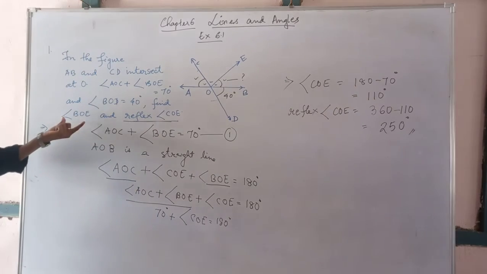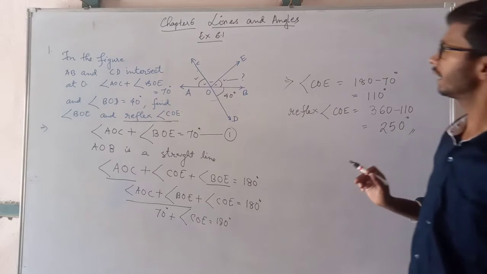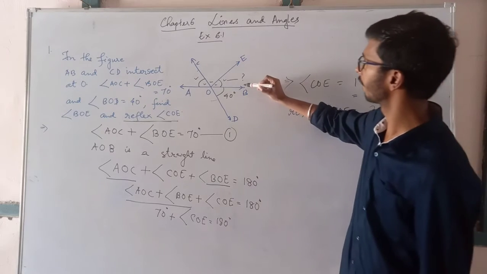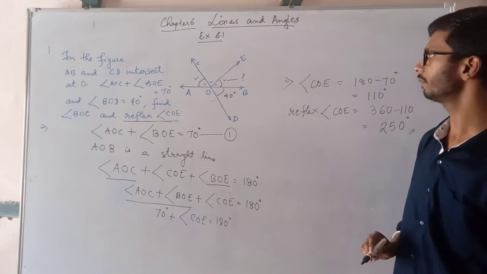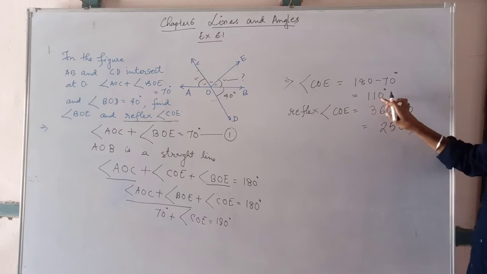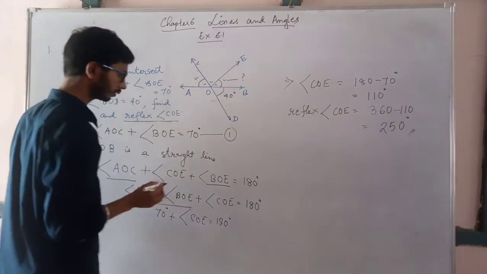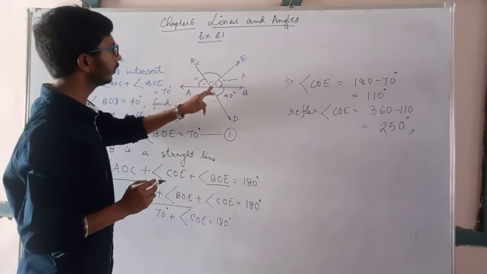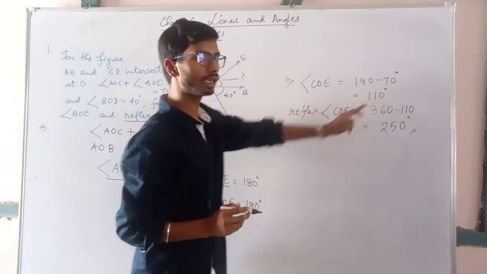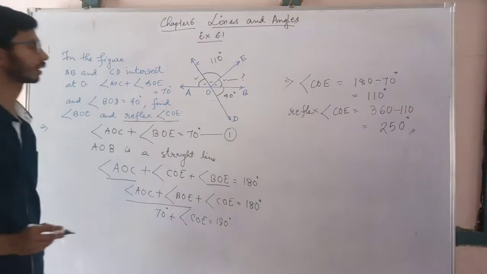Now what is angle BOE? Angle BOE. Okay, you see here. So now see, angle COE, how much we got? 110. So we can write here 110 degree. Okay.